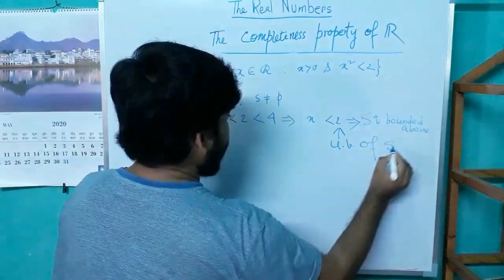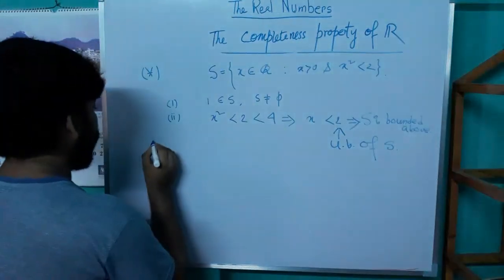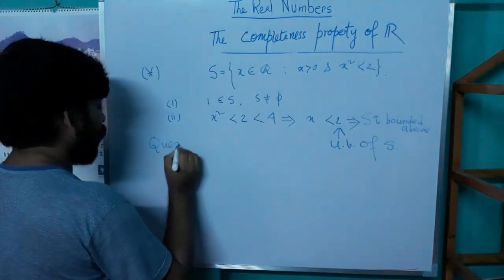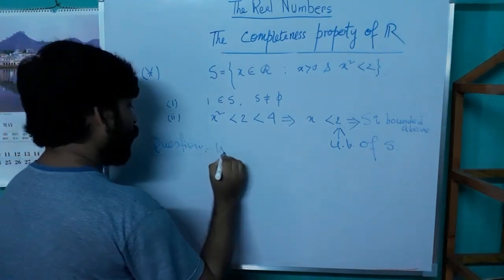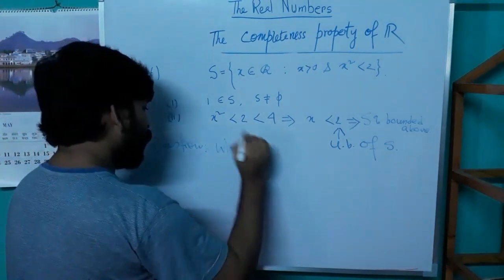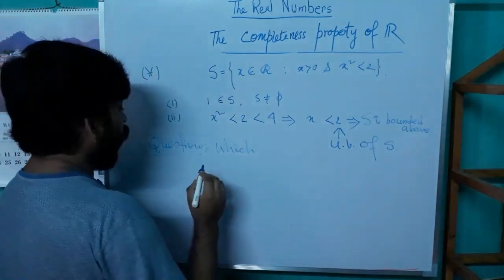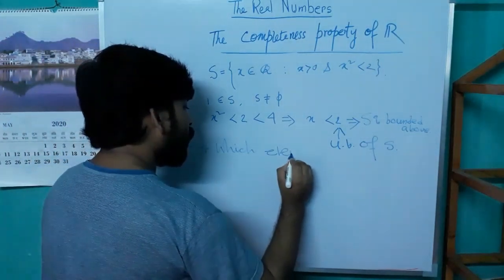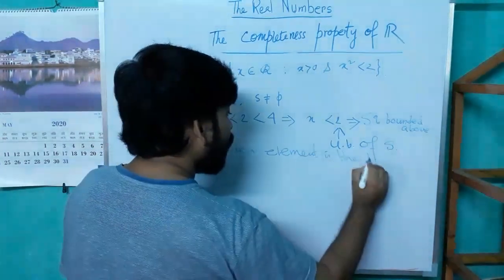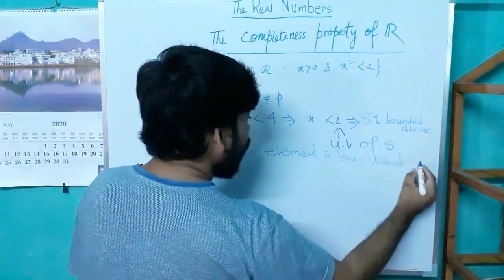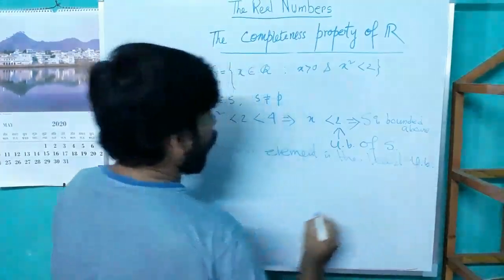Now, question: which element is the least upper bound?